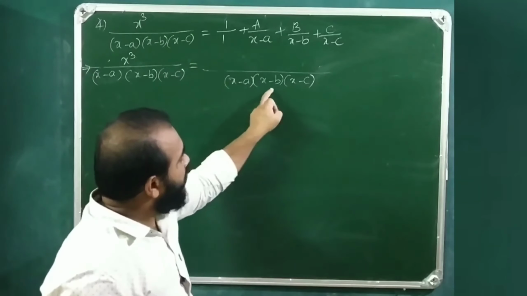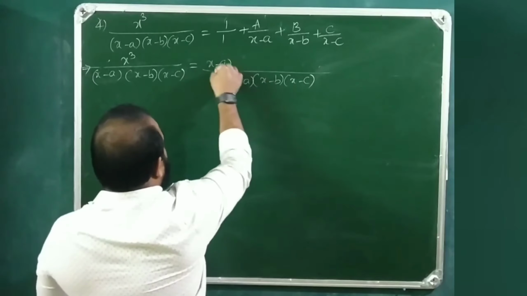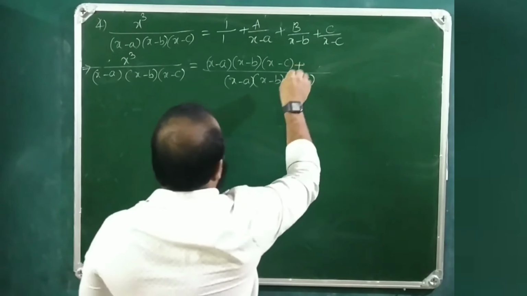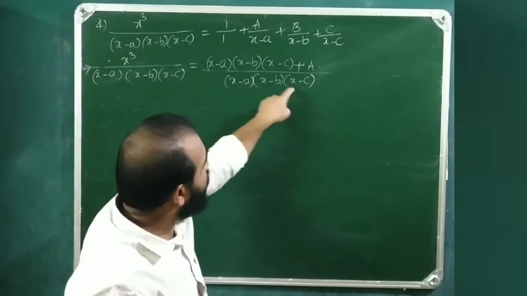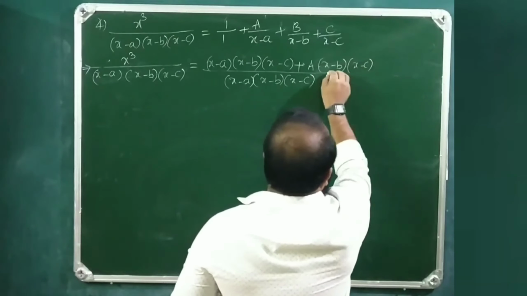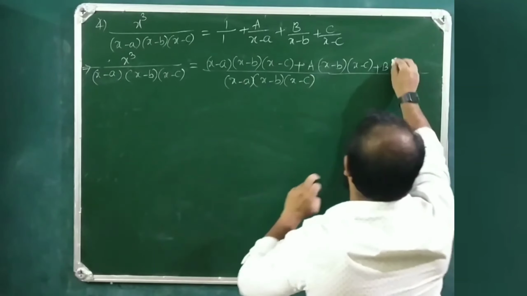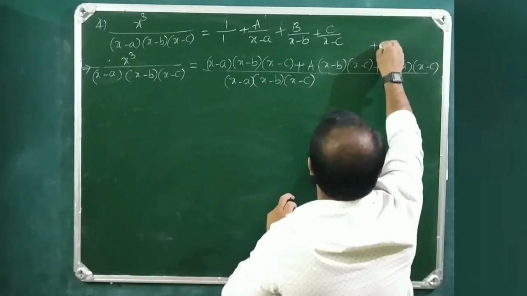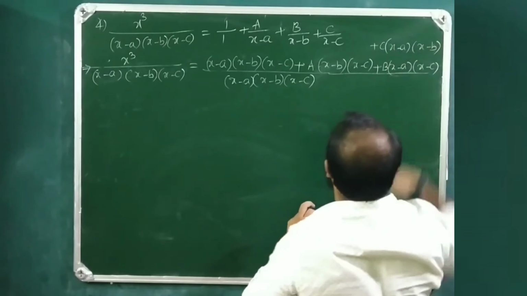So (x minus a)(x minus b)(x minus c) by 1 is this itself, plus a into this, and this gets cancelled, so x minus b into x minus c, plus b into (x minus a) into (x minus c), plus c into (x minus a) into (x minus b).